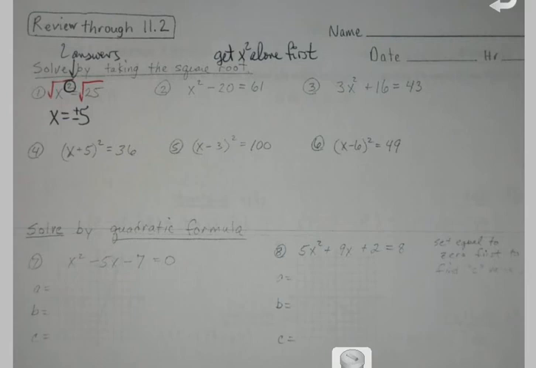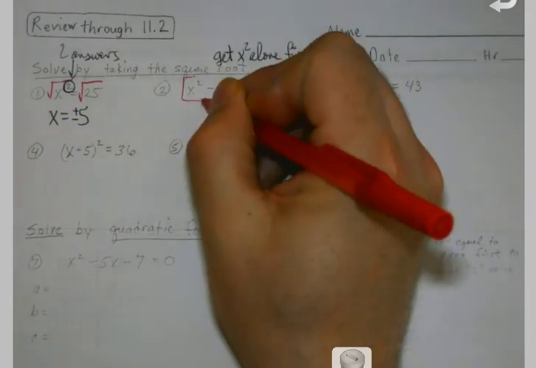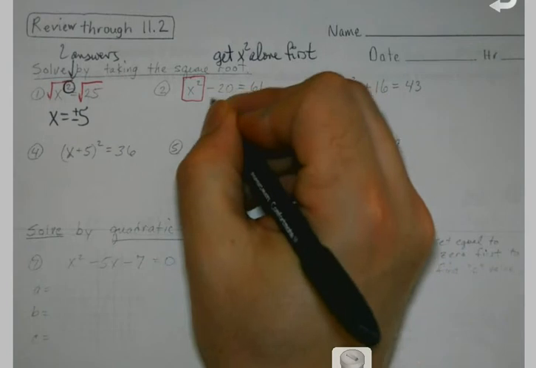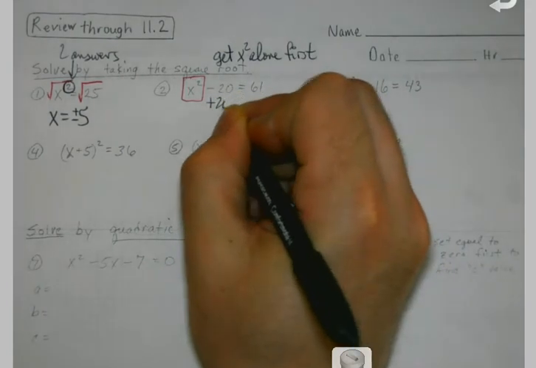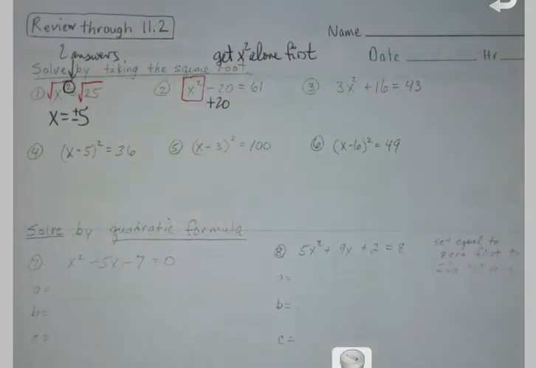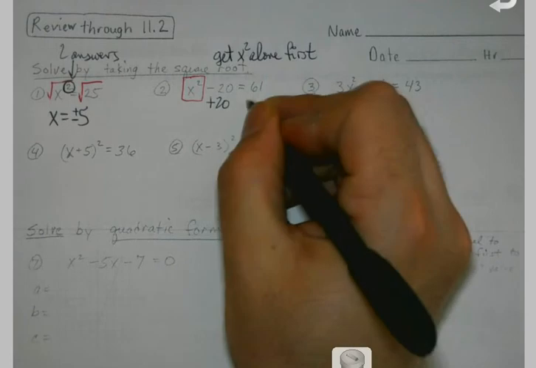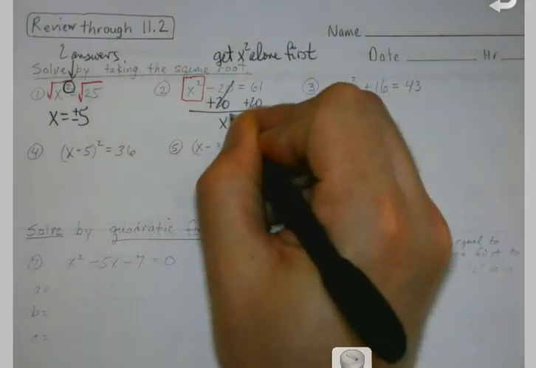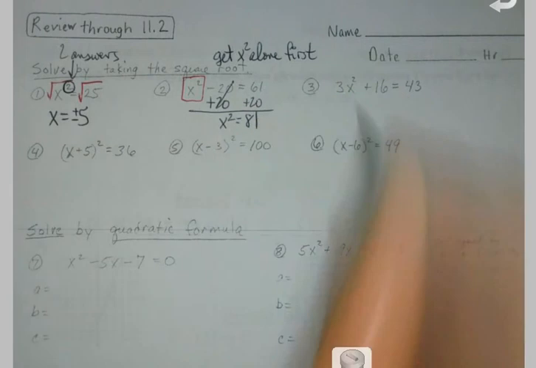If x squared isn't by itself, and like I said, I'll do some different parts in here to help out a little bit, I've got that minus 20 that's not in the box. That's not my x squared. So I'm going to do the opposite, and I'm going to plus 20 to the other side.